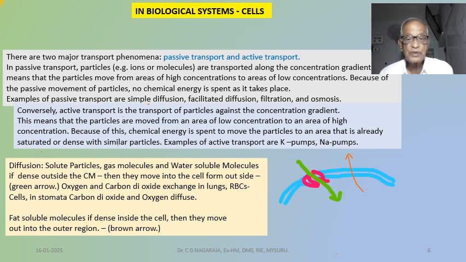And sometimes fat soluble molecules move from a denser area to a less dense area. That is, they move from inside of the cell to the outside of the cell.